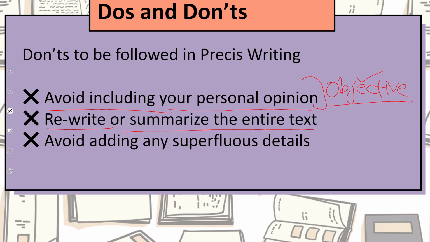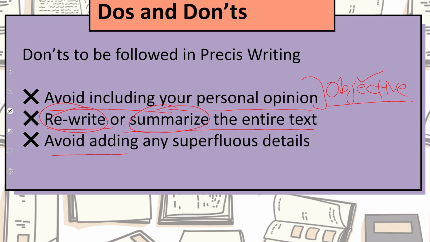We do not want to rewrite everything, or summarize as we usually do in our summaries. It means that we have to summarize, but in a very short way, and we do not want to copy the original text as it is, or even one line from the original text.